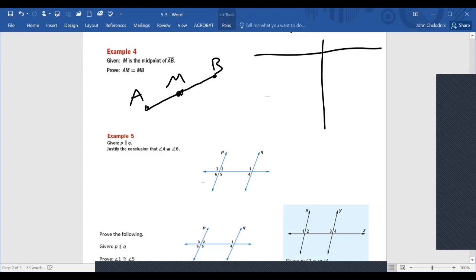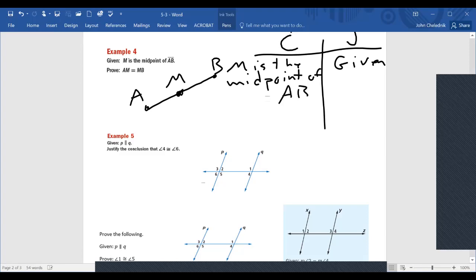So again, you start by making a T-chart, you put conclusions on the left, justifications on the right, and normally you start with the given. So M is the midpoint of AB, segment AB. So the question is, how do we know that AM equals MB? I think it's because of this word right here, midpoint.